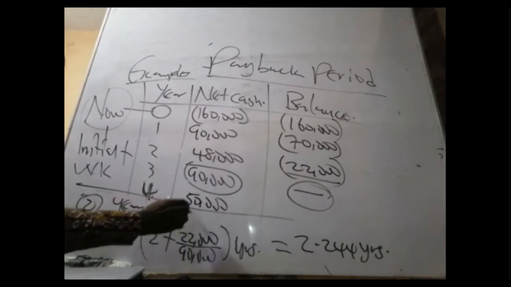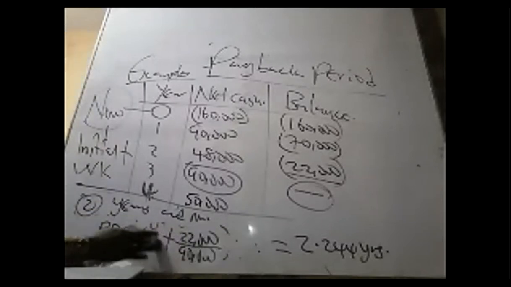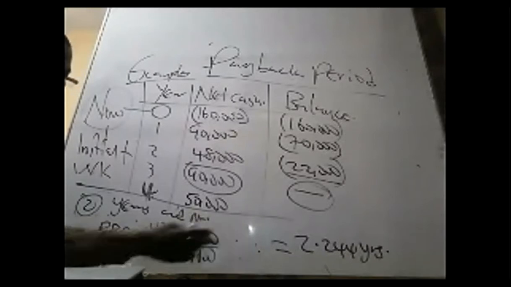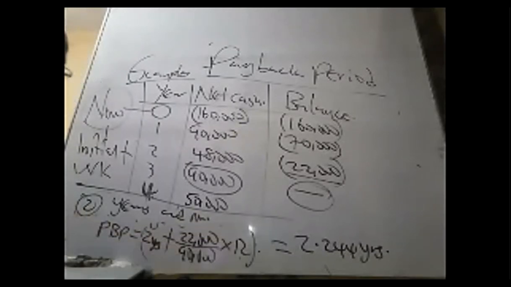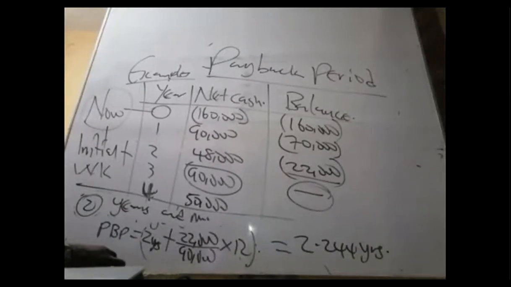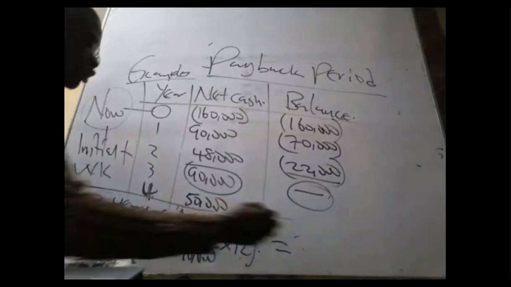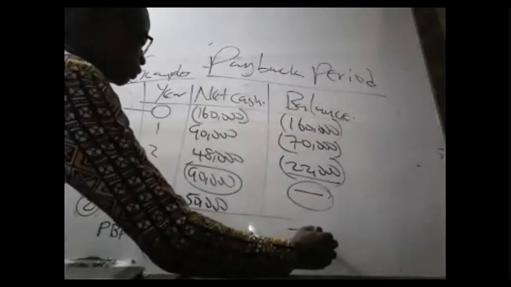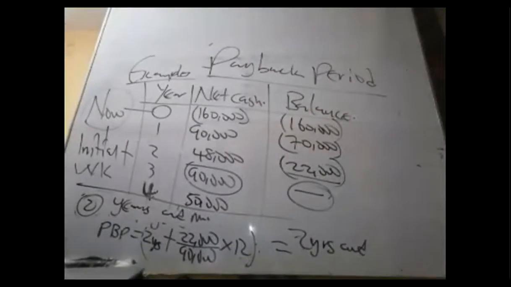Now if it's years and months, don't worry, just maintain your position. So 2 years, then you multiply this ratio by what? 12. So you can get years and months. So in that situation, you have 2 years and something months. So just multiply the fraction by 12.